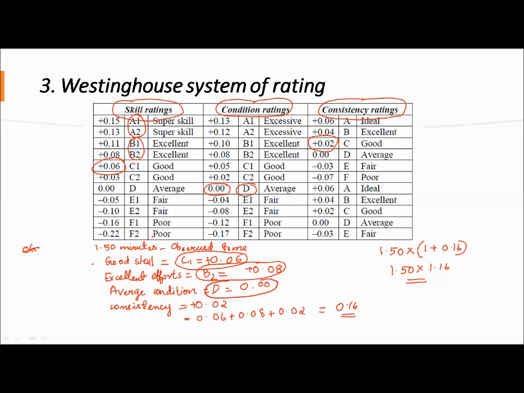The conditions are average, and the consistency was considered good, so you took the value 0.02, you sum it up, and you got the total rating. After you have the total rating, you add it to 1 and multiply with the observed or actual time, and you get the normal time. So you got a standard for doing this particular job.